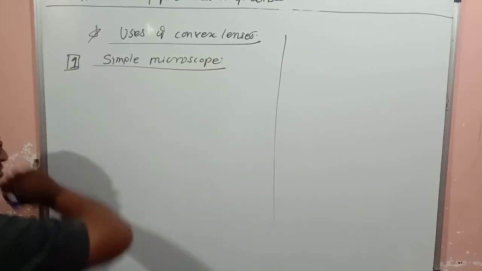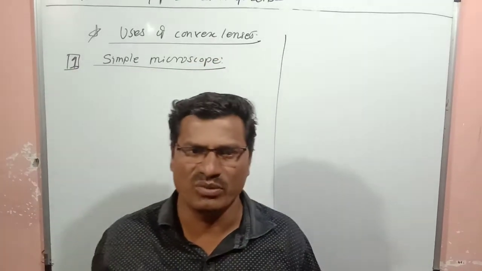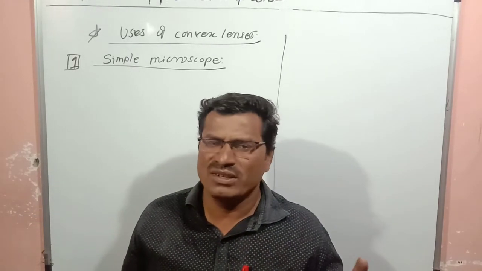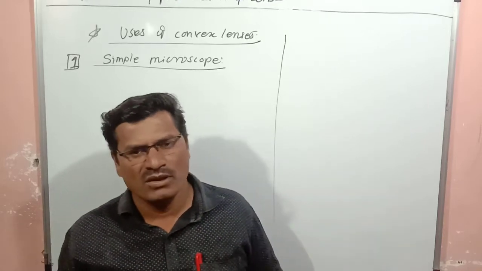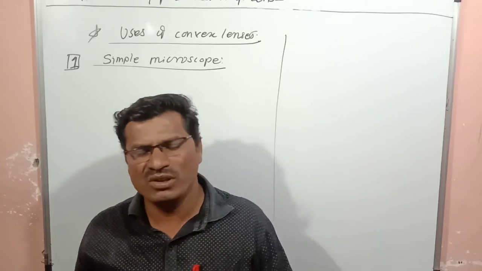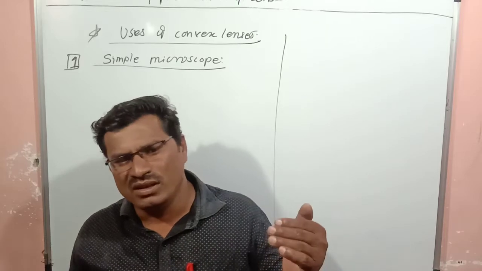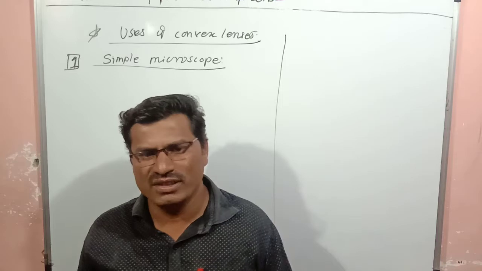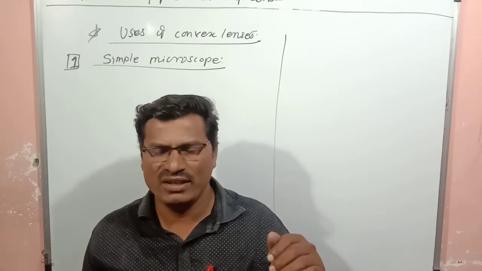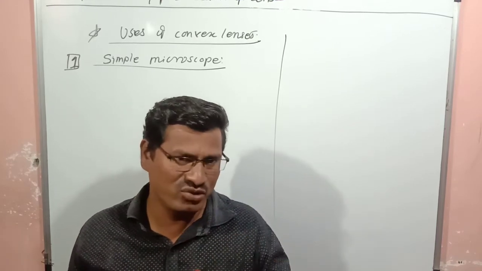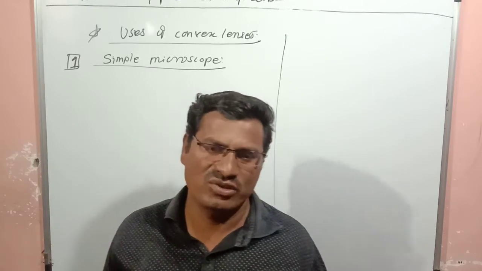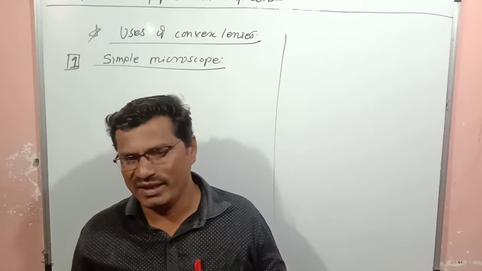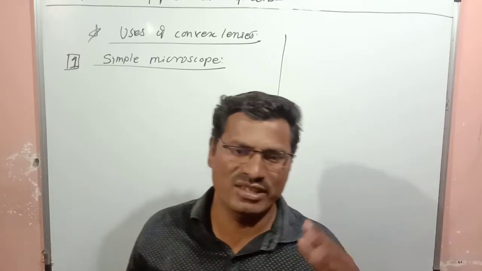A simple microscope is a small convex lens of small focal length. It produces a virtual, erect and larger image, but the lens should be smaller and its focal length also should be smaller. So it is producing a virtual image, erect image and bigger image.